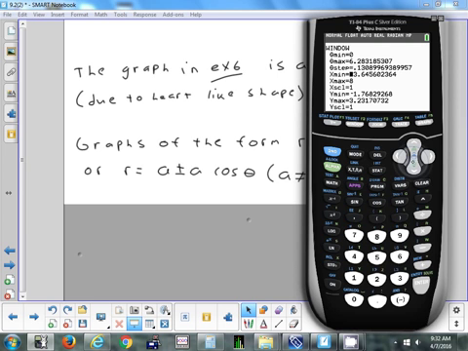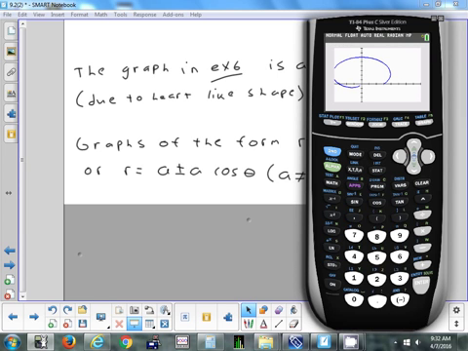Sorry, y max. 8 and let's do -4. So it's not quite the heart shape. I think mine looks more like a heart shape, but that's basically what you get. And you can see all the points we had, the 0, 6, -3, 3. That one is stretched out a little bit more than mine was, but I tried to make it look more like a heart so you could get the picture.